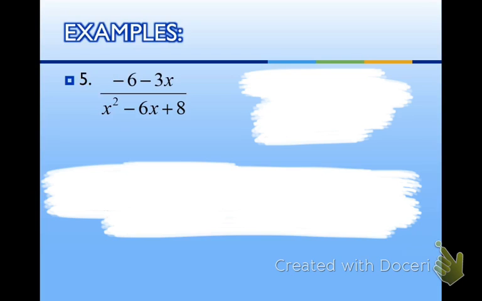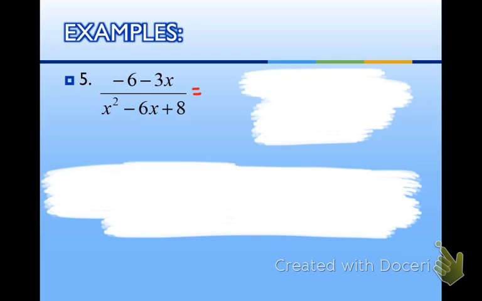Number 5. What are we working with in the numerator? A binomial, and then the denominator, a trinomial. So in either of them, the first thing we should check for is a GCF. Do we have a GCF in the numerator? What is it? 3. A 3.